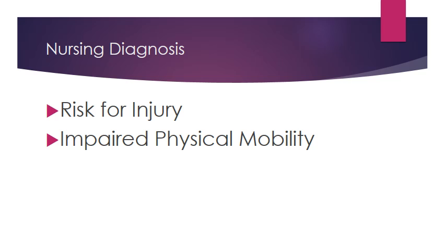So if we start with the first one, risk for injury and impaired physical mobility go together and kind of support each other. But risk for injury, why would a person with delirium or dementia be at risk for injury? You should be able to come up with a variety of things based on what we talked about in our first lecture.